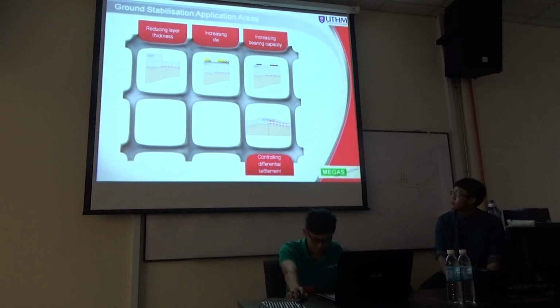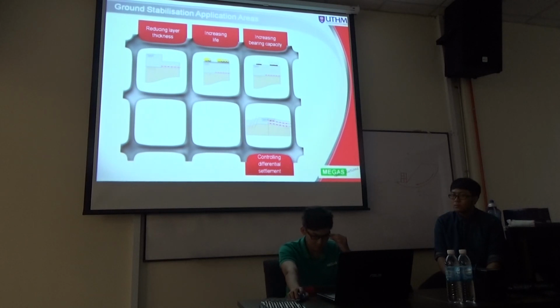Next, this is to control the differential settlement. When we talk about settlement, basically we understand two types of settlement: the total settlement and the differential settlement. Total settlement is when we put a platform and the whole thing settles together without any differential settlement in between.